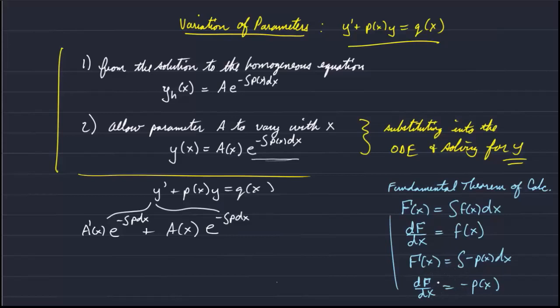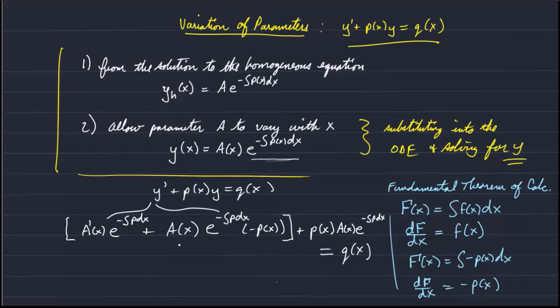And the derivative of the integral of p dx is just minus p of x. And so that's our derivative of y. And then we add the other terms, which is p of x times y, which is a of x, e to the minus integral of p dx. And that is all equal to the right-hand side, and that's q of x.